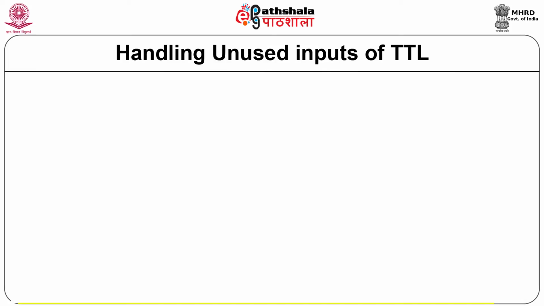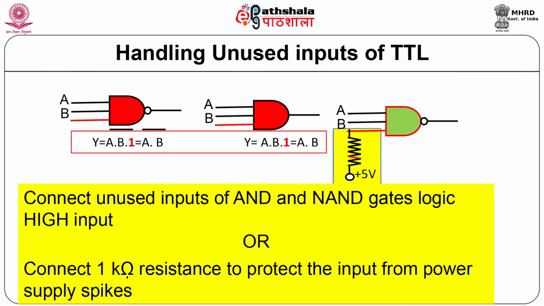Let us see how to use the unused inputs of TTL. In the diagram, you can see a 3 input NAND gate. A and B are the used inputs, while the third input in red is the unused input. This unused input is treated as logic 1.